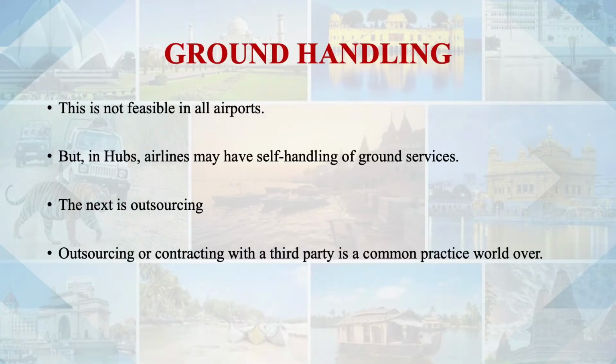The first one is self-handling, the second one is outsourcing. Outsourcing is a kind of contracting. They contract a third party for undertaking all these ground handling activities. Outsourcing or contracting with a third party is a very common practice nowadays because by this airlines can save certain money. They need to make an agreement with somebody, but they don't have to employ anyone for this.